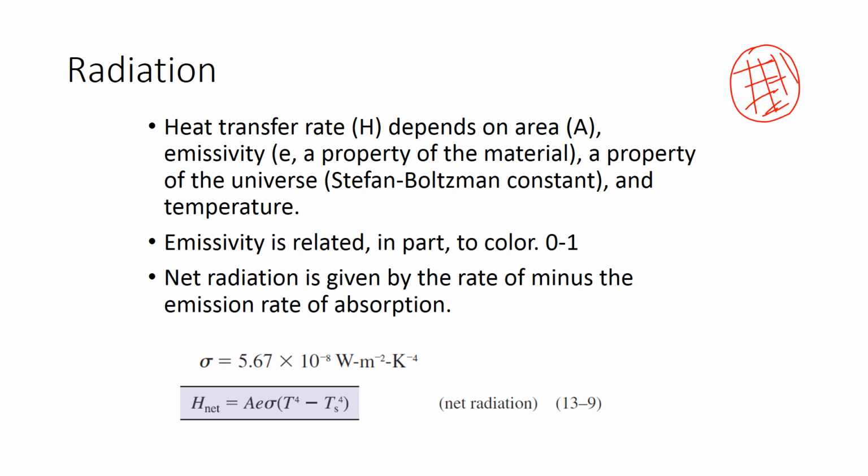What we're really going to concern ourselves with is the difference between the temperature of the object and the temperature of the surroundings. A hot object surrounded by hot surroundings is going to absorb and emit roughly the same amount of energy if it's at the same temperature as its surroundings. A hot object surrounded by cold surroundings is going to emit much more energy than it's going to absorb.